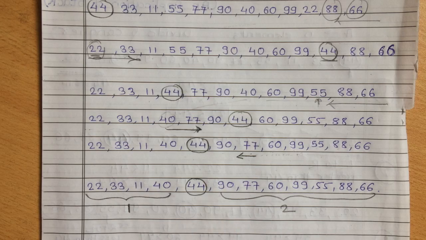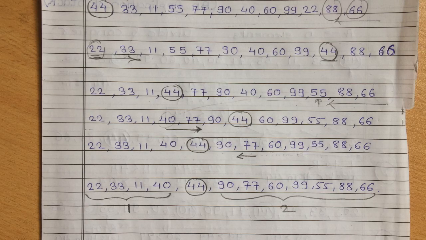After execution of this, 44 is placed correctly in its final position, and now we have reduced the task of sorting the original list by dividing it into two sublists. As Quicksort is based on the divide and conquer rule, here we have divided the main list into two sublists.